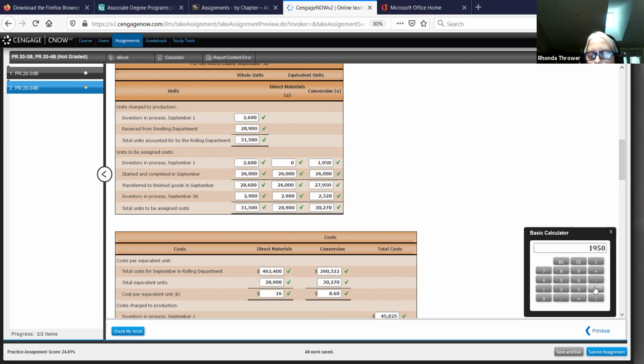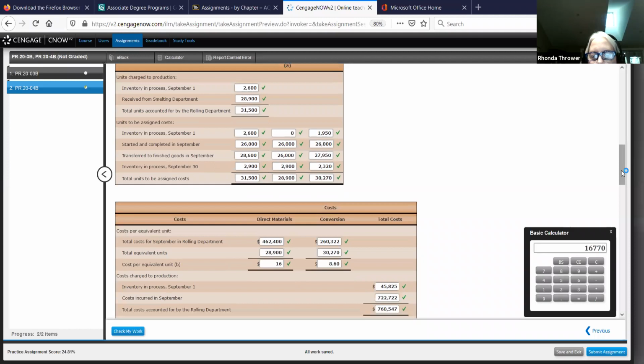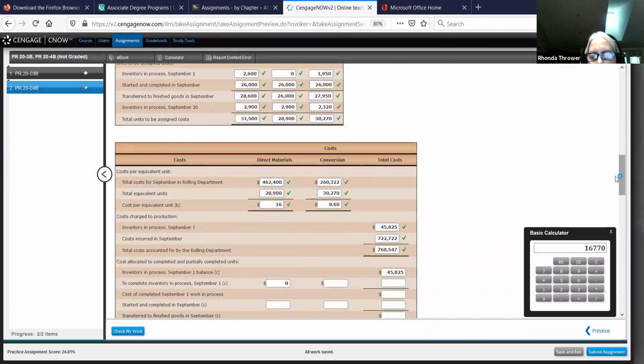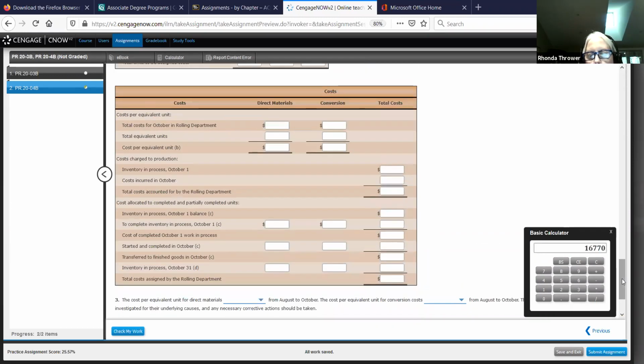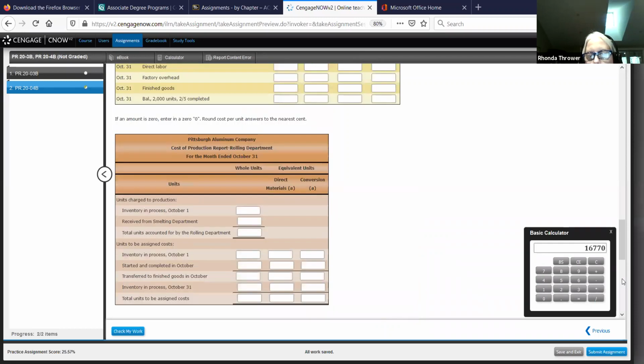So I'm going to multiply this by $8.60, and that's going to give me my beginning inventory conversion cost that I needed to finish my beginning inventory units. It's probably a good idea to check your work, just to make sure our math is right so far.